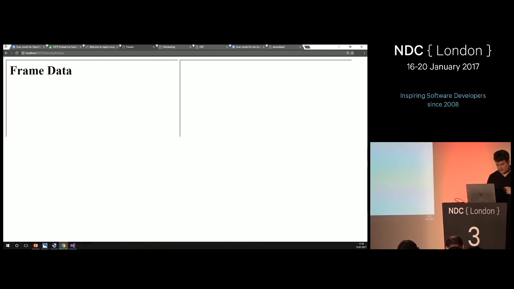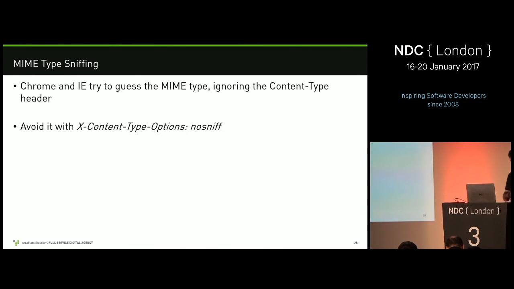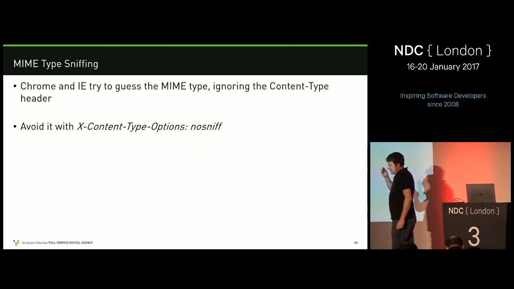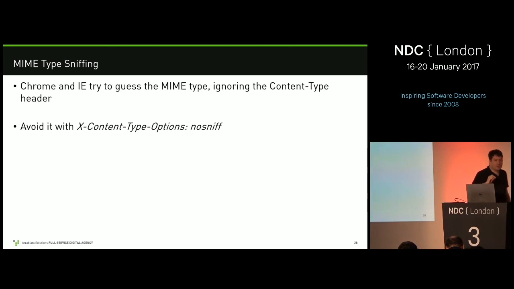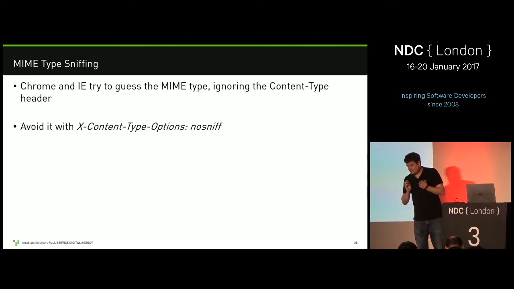All right. And one more thing. It's a smaller aspect, but still. Some browsers, especially IE and Chrome, try to guess what kind of file type we have. Now, there is an established mechanism for that, and the established mechanism is having a look at the MIME type, right?